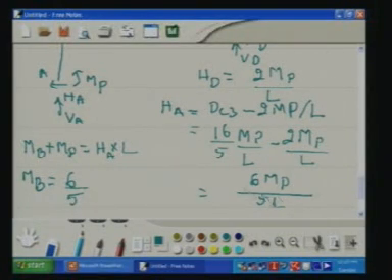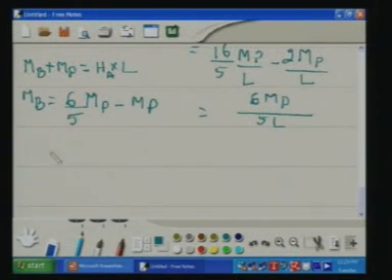From this equation, HA multiplied by L will be equal to 6 MP by 5, minus this MP will come here, minus MP. So from here we can calculate the value of MB will be equal to MP by 5.